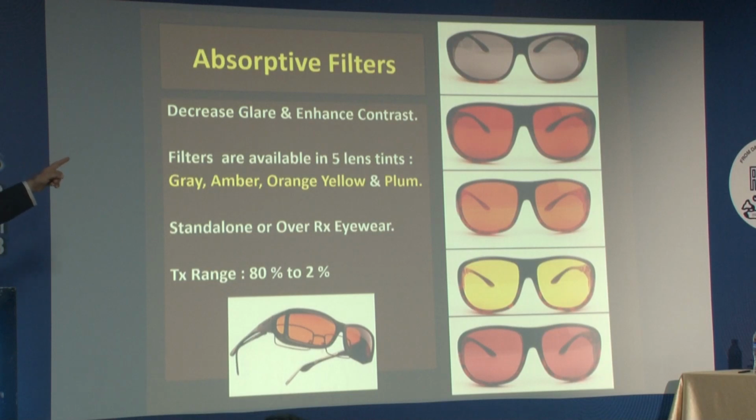The first one on top, the gray one, and the one at the bottom, which is plum, reduce the overall transmission of light. So they are excellent protectors from glare and can be used outdoors. And the other 3 in the middle, which are amber, orange, and yellow, cut off the blue light, as you know, like blue blocking IOLs. So they block out the blue light and improve the contrast. For contrast enhancement, amber is the best, followed by orange and yellow.